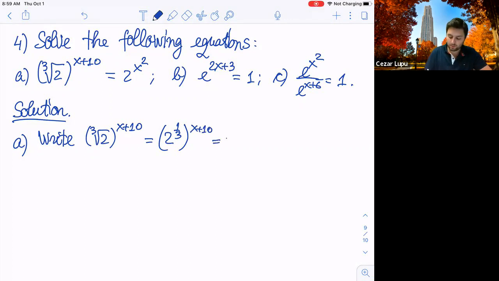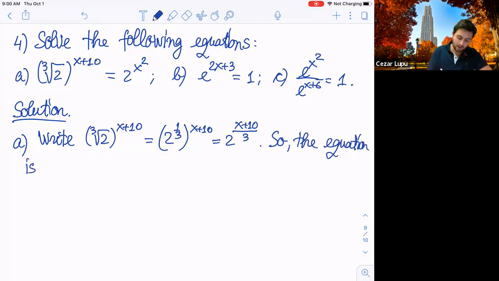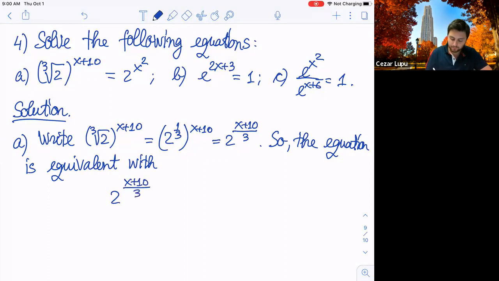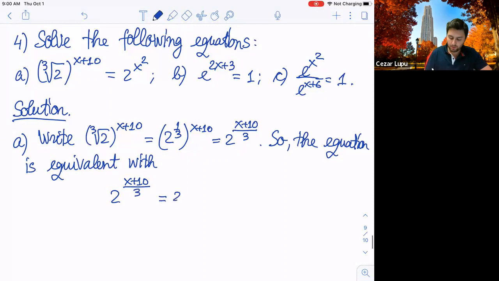And this will be equal to 2 to the power (x plus 10) over 3. So the equation is equivalent with the following: 2 to the power (x plus 10) over 3 will be equal to 2 to the power x squared.